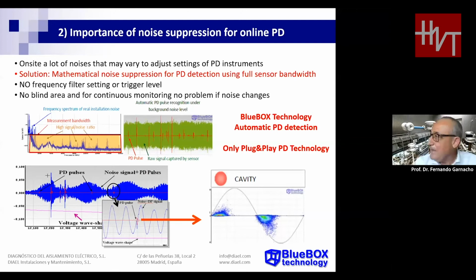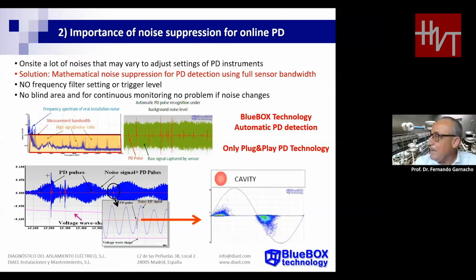The blue box technology has the opportunity to remove the noise automatically without any adjustment of any setting of the partial discharge instrument. We don't need to choose any measuring frequency.